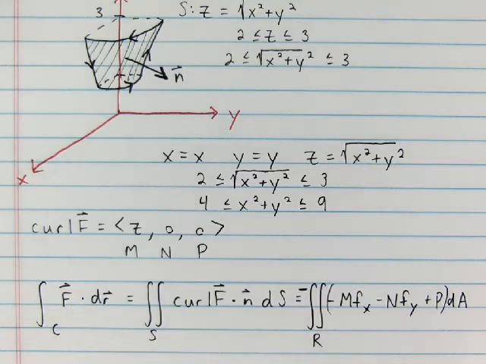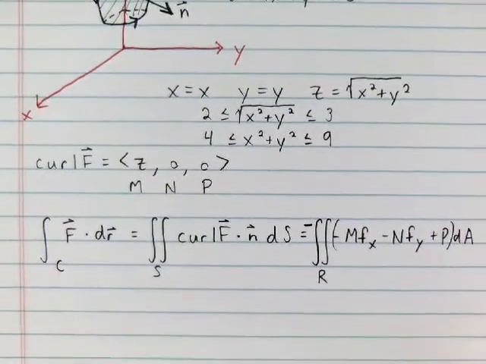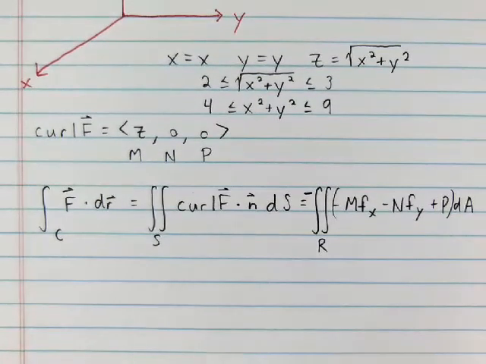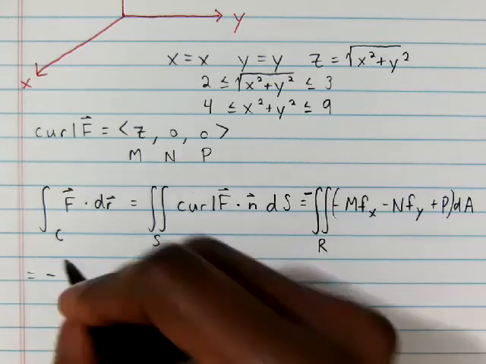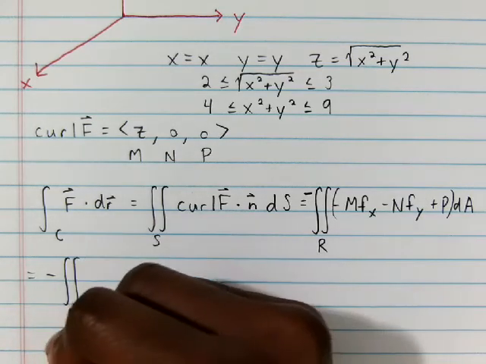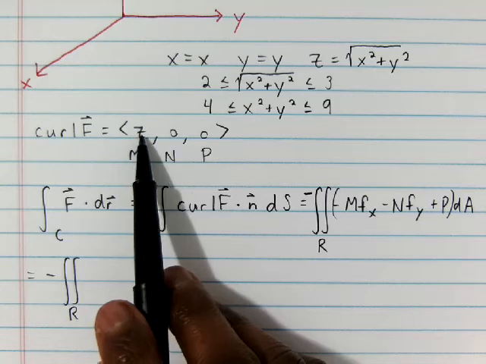So now we're ready to go and substitute everything in there. So we'll take our parameterization, substitute it in for m, n, and p, because m is a function of x, y, and z, n is a function of x, y, and z, and p is a function of x, y, and z. And then we take our partial of f, which this is f right here, with respect to x and y. And we'll put all of that information in there. So this is equal to, and we'll still just write r, the negative sign that we had there, the double integral over r of our m is just z, but we have to substitute our parameterization into there.